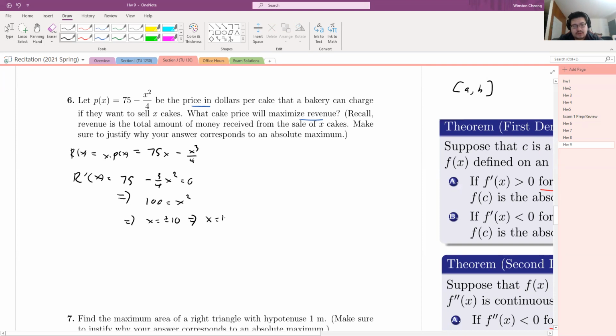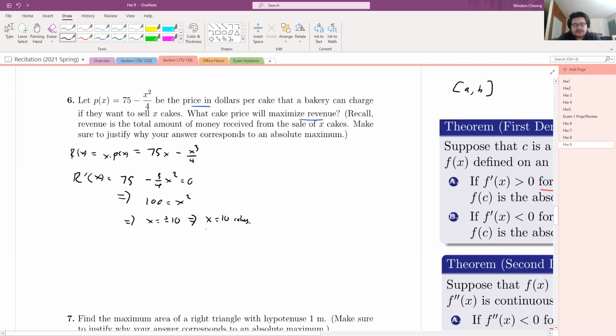So we would take the positive part, and let's think, what are we actually asked to figure out? What cake price will maximize the revenue? Okay, well, x is the number of cakes. So if we want to figure out cake price, we have to actually plug this back into P. All right, so that's one part.